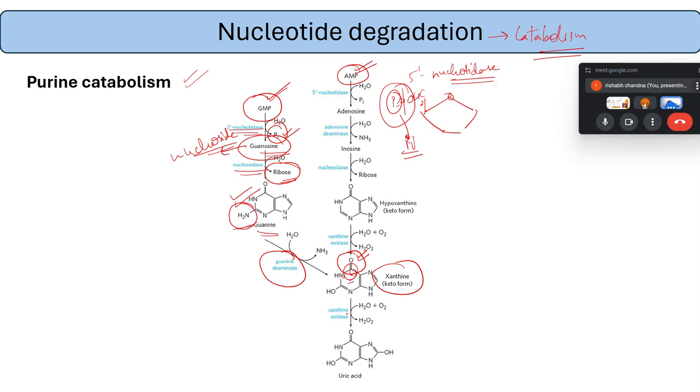Now after this, xanthine oxidase comes into play, and via an oxidation reaction with the use of oxygen, it releases hydrogen peroxide, releasing the uric acid. So this is the major catabolic product of the purine catabolism.